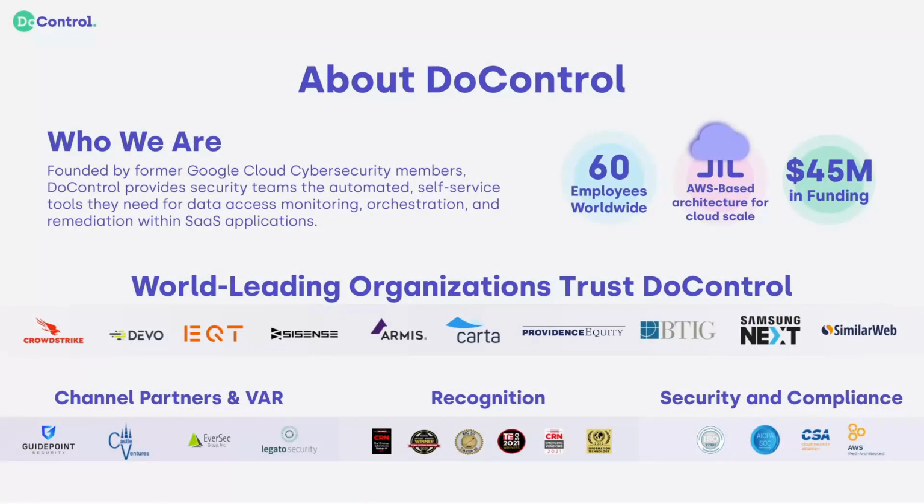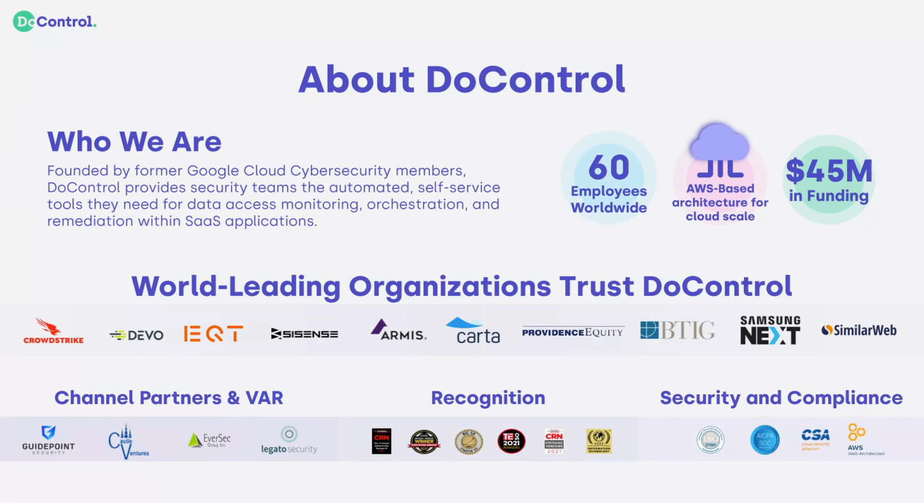Before we get into it, I always like to start with a little bit of an overview on DoControl, who we are and what we do. We are an emerging SaaS data access security vendor. We're based in New York City. Our product engineering and R&D team is all based in Tel Aviv.